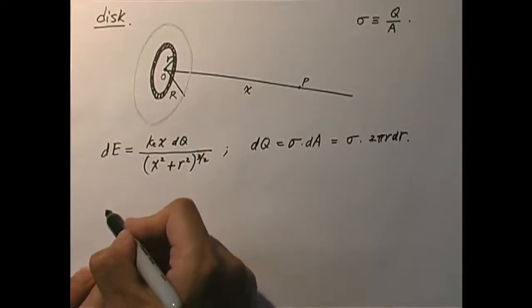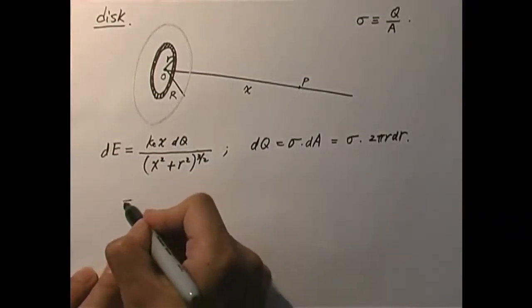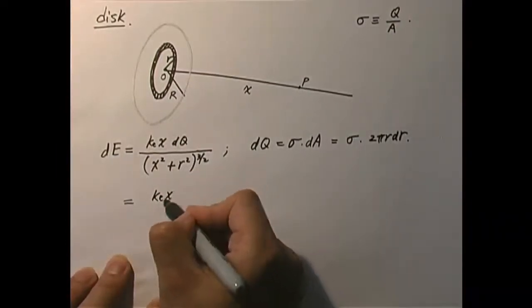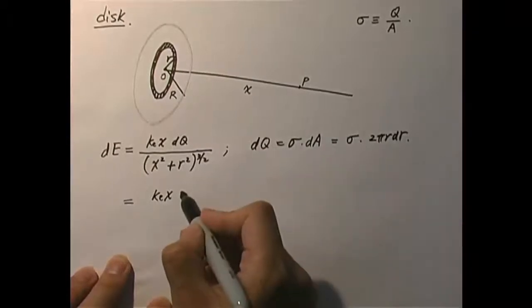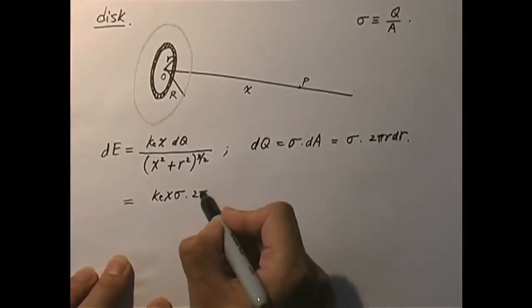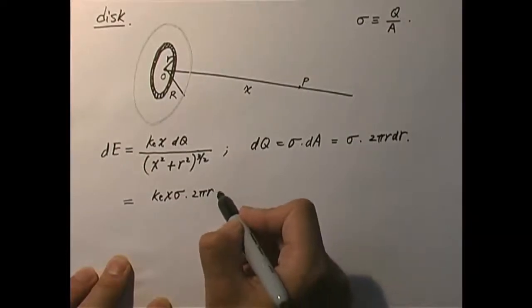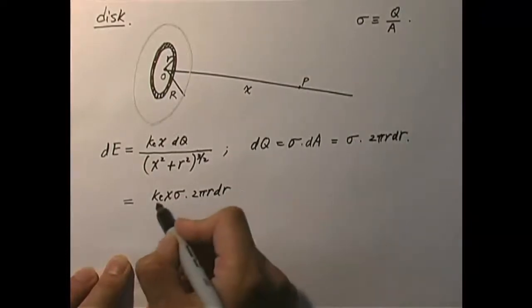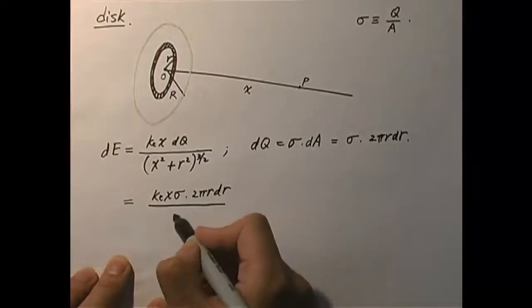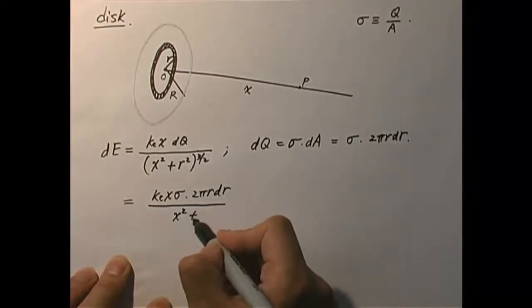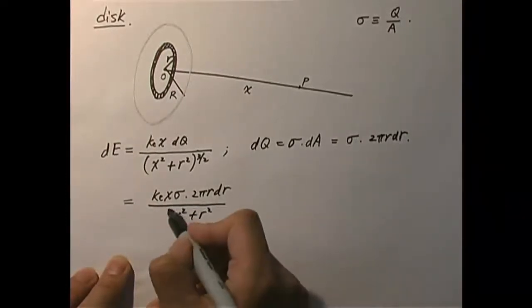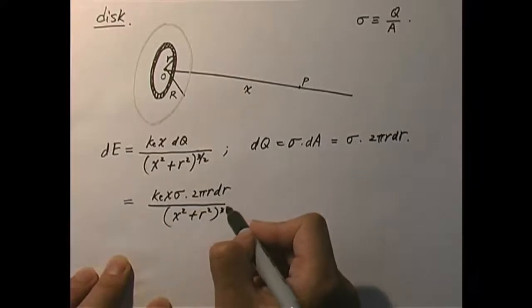Then I get dE equals kx, and then 2 pi, then sigma, and then 2 pi r dr. And then I divide this by x squared plus r squared raised to the power 3 over 2.